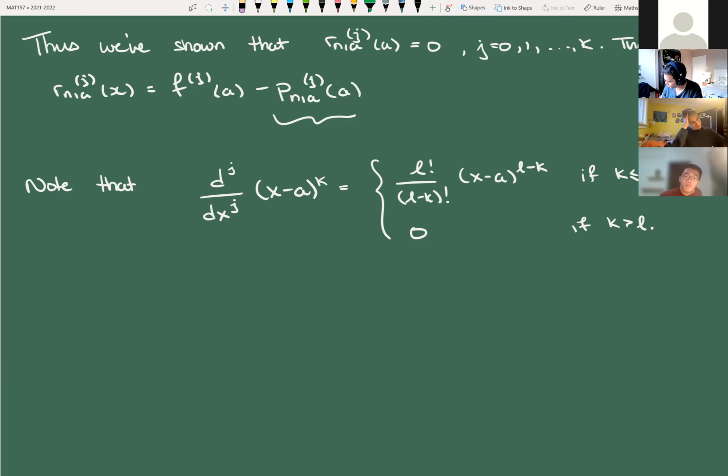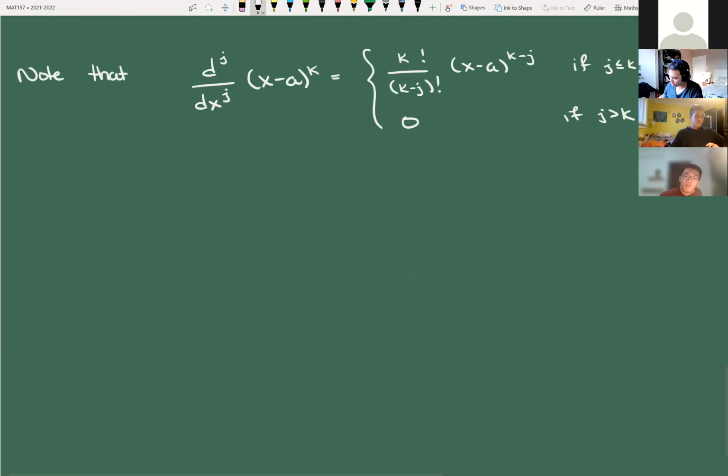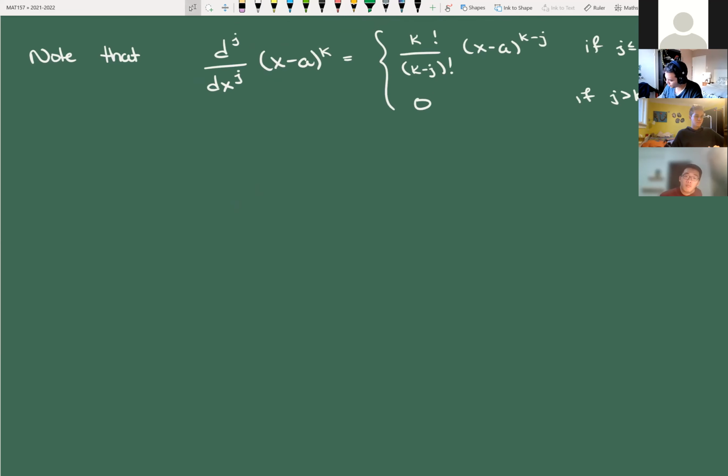I might switch this around. Like that. So if j is less than or equal to k, and 0 if j is greater than k. Okay, so if you wrote this down, don't rewrite it. It's not worth it. I just changed the formula, so I changed what k and l were doing. But it doesn't matter, because they're dummy variables in this formula anyway.